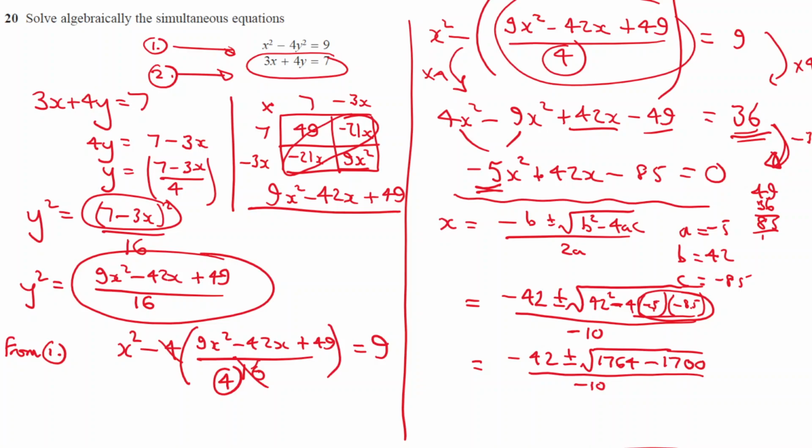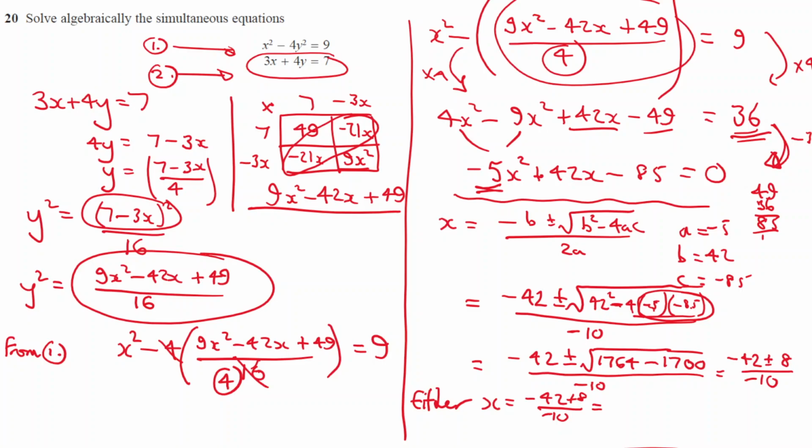So I think you see therefore you've got negative 42 plus or minus 1764 minus 1700 is 64. Square root of 64 is 8. So it's that and that. Okay, so either x equals negative 42 plus 8 all over negative 10.